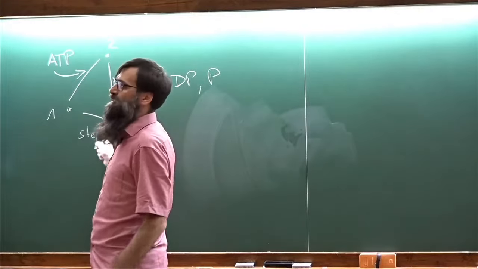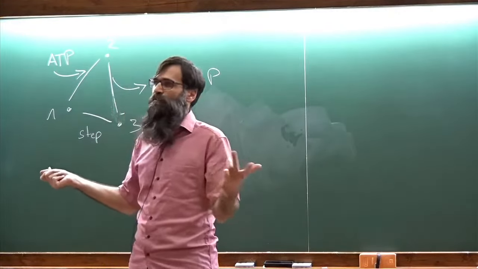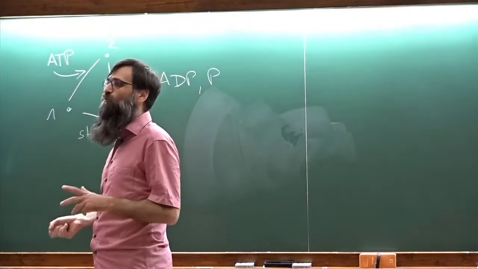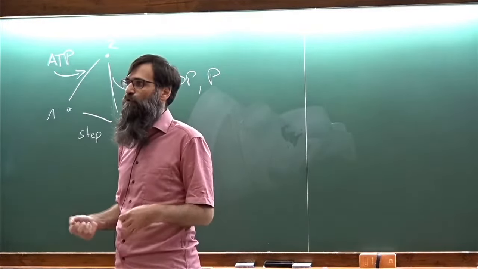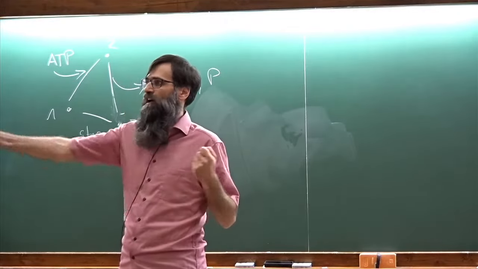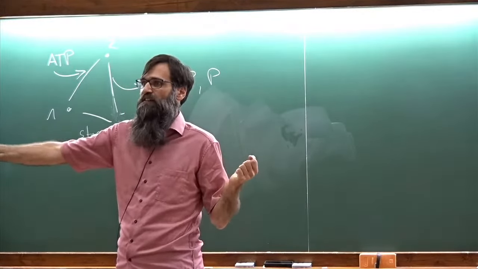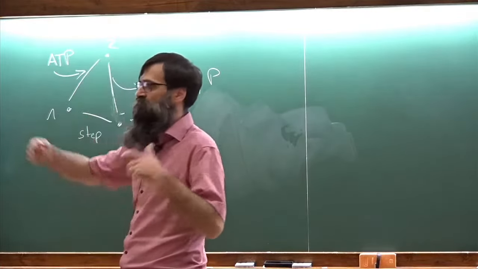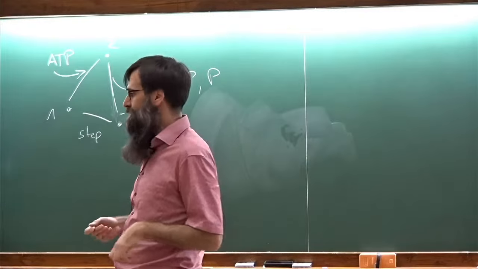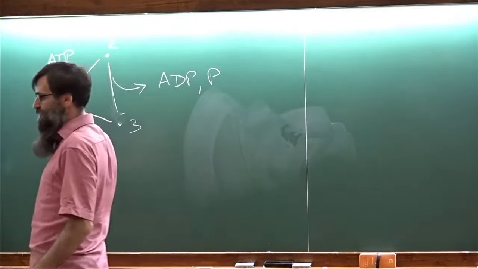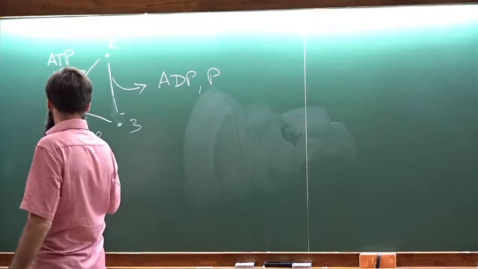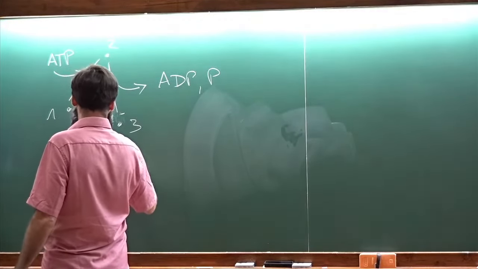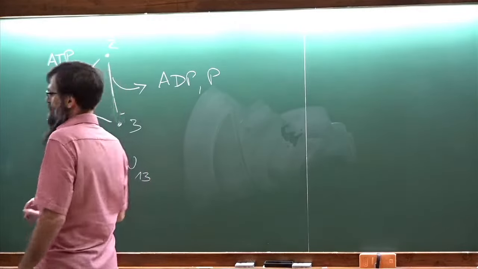And if I have only these two, then they have to be related through detailed balance. And the energy difference between these two will depend on a force that's applied to the system. So whenever I have this large-scale motion, I do this against the force, then I basically walk up some energy gradient. Okay, so here I have a constraint that says that my rate omega 3,1 and my rate omega 1,3 are related.